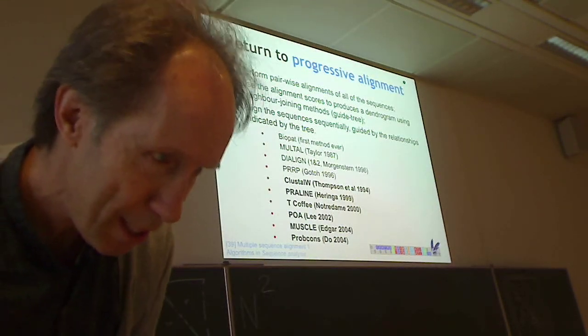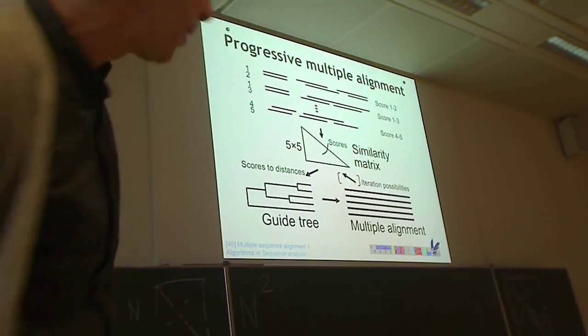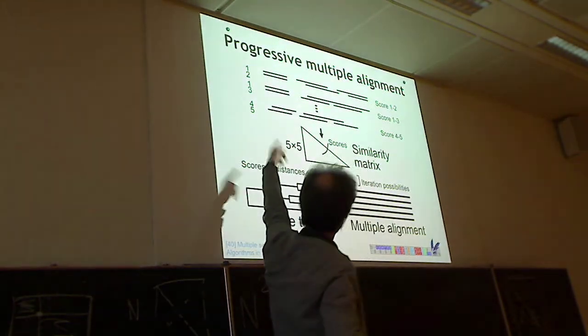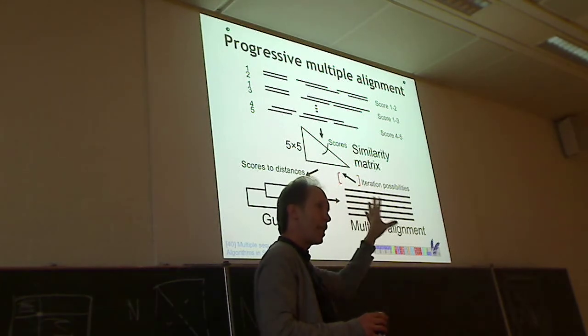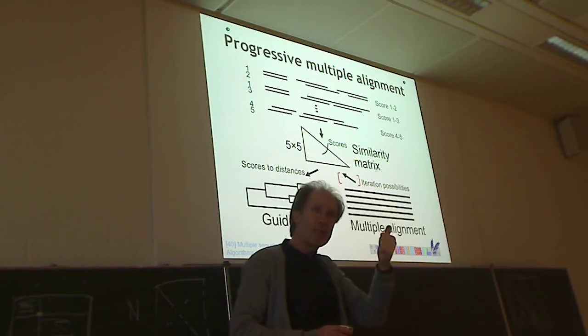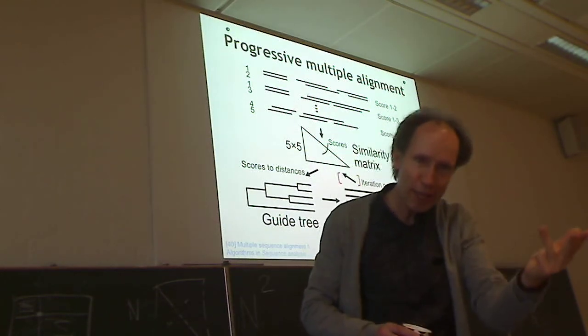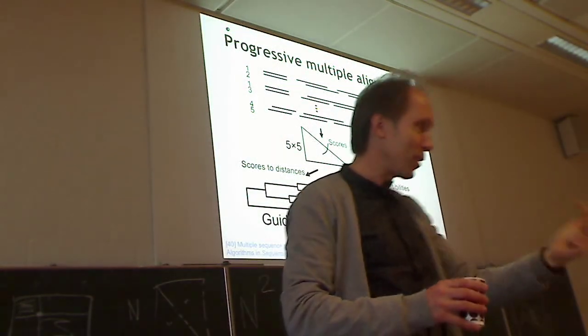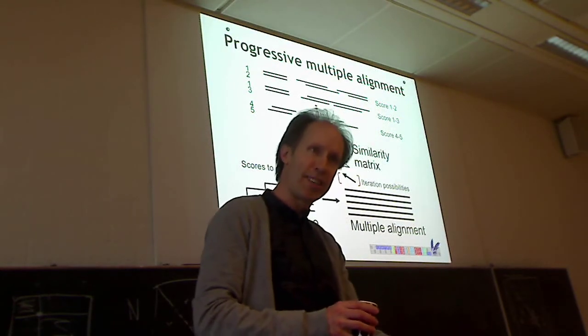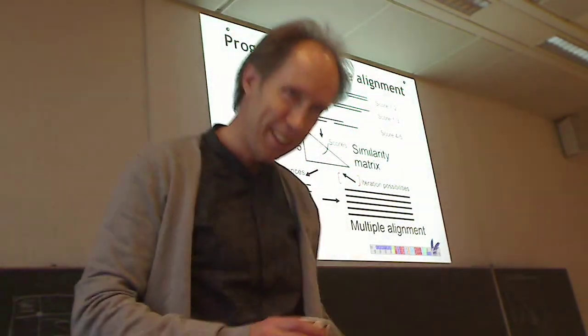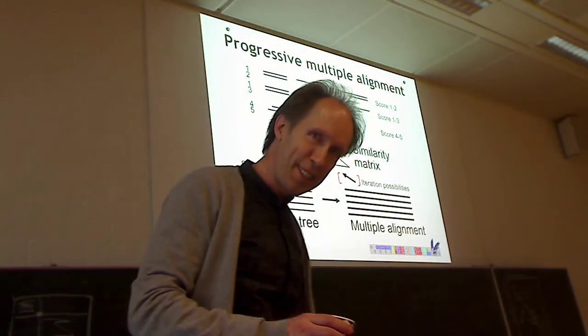All right, so here are, in a way, the 4 steps again. All against all. If you have 5 sequences, that is n times n minus 1 divided by 2 combinations: 1 against 2, 1 against 3, 1 against 4, 1 against 5, 2 against 3, 2 against 4, 2 against 5, 3 against 4, 3 against 5, 4 against 5. That's it, I think. So a computer program runs in a double loop.